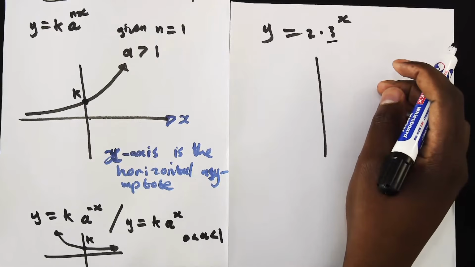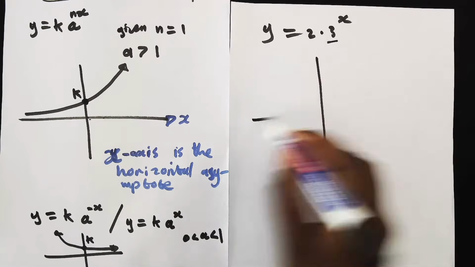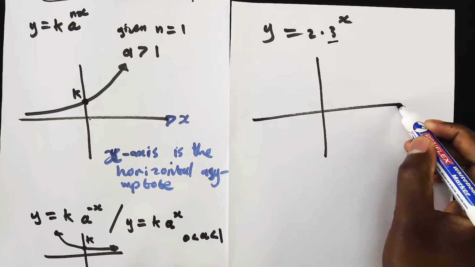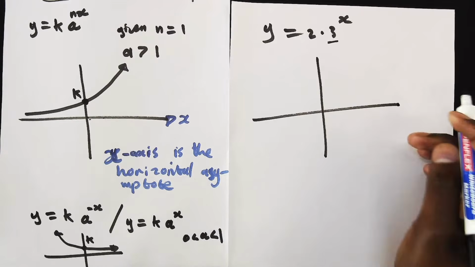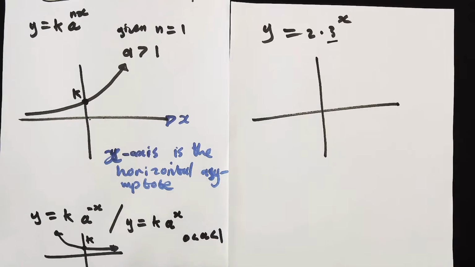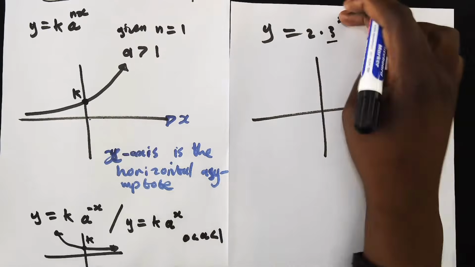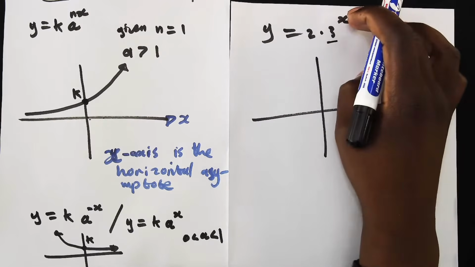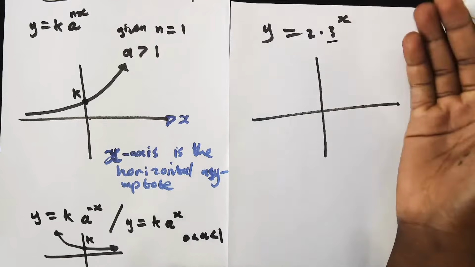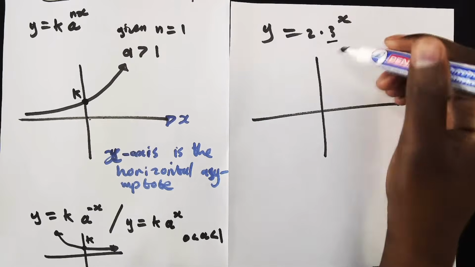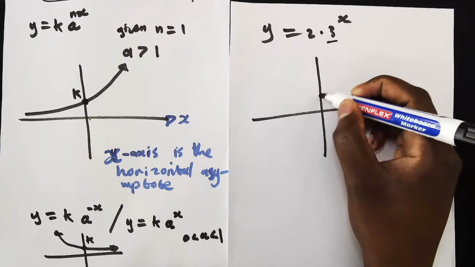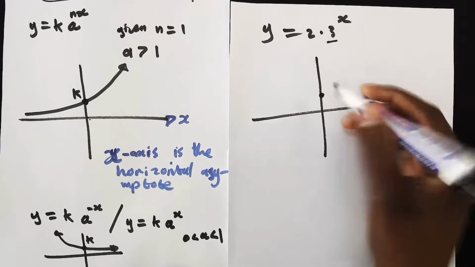Is it greater than 1? Yes, it's greater than 1. Or you can even let x equal 0. Then you have 3 to the power of 0, which is 1, then times 2. I hope you see it will pass through 2.